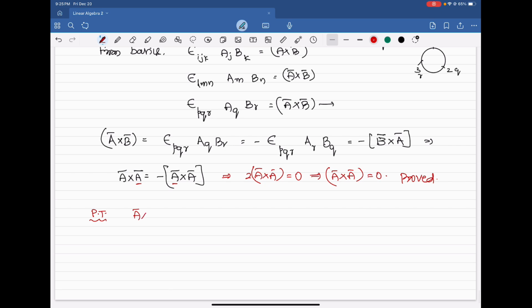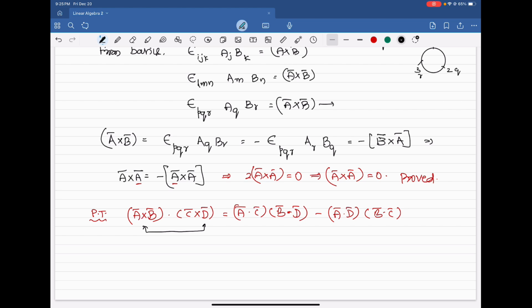A cross B dot C cross D is equal to A dot C into B dot D minus A dot D into B dot C. A cross B dot C cross D is a scalar product. These are two vectors.